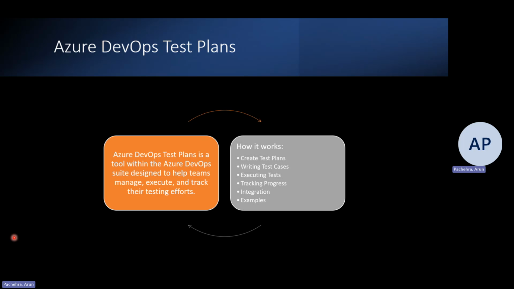So let's conclude by saying test plan acts as a structured framework for ensuring every aspect of your project is tested thoroughly, allowing for issues to be documented and addressed systematically.